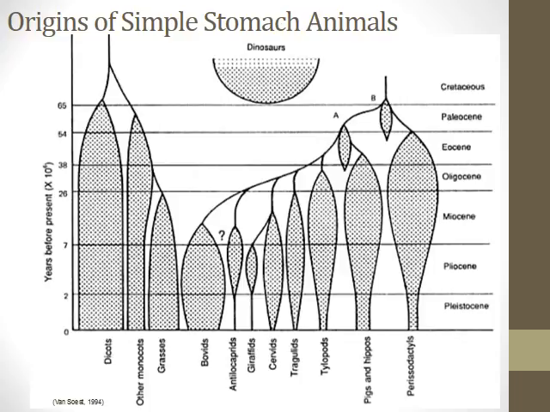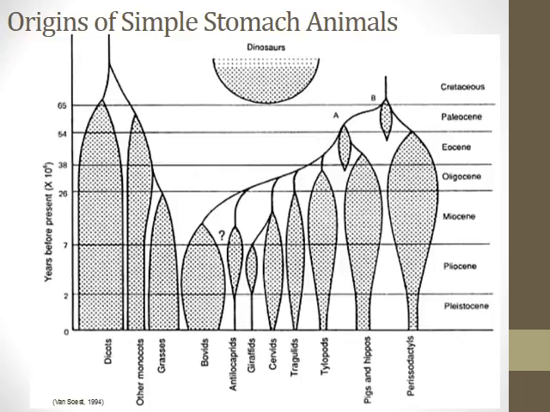Next, I want to highlight the evolution of foregut fermenters. B was the common ancestor between simple-stomached animals and ruminants. And so is A, which evolved in the Paleocene time period and gives rise to, it says, hippos and pigs.